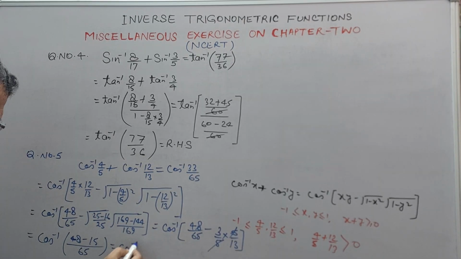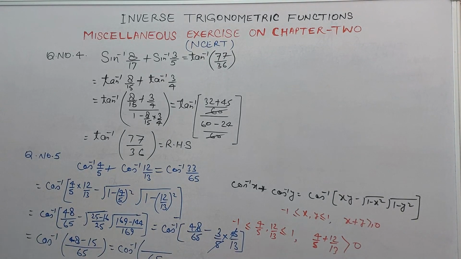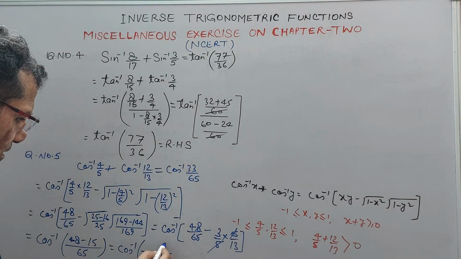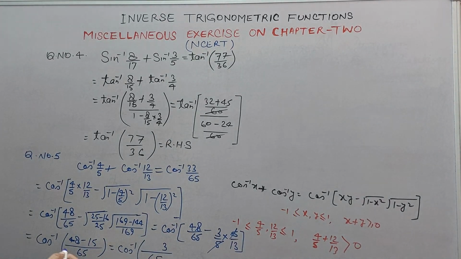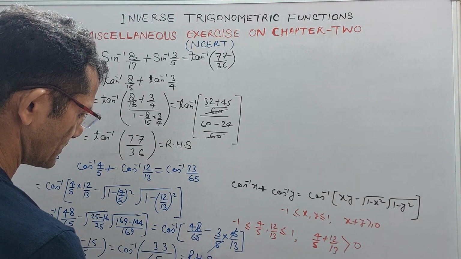Now cos inverse of 33 divided by 65 in the denominator. Cos inverse 33 divided by 65. So now this becomes our right hand side. So this will be our right hand side part.